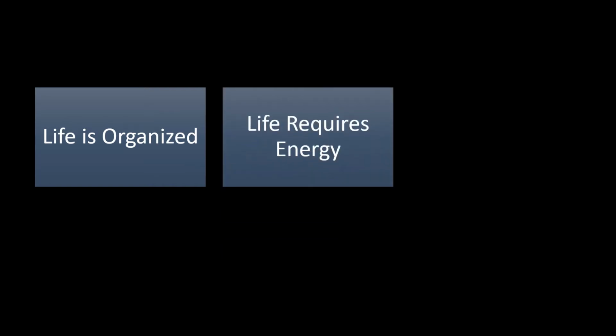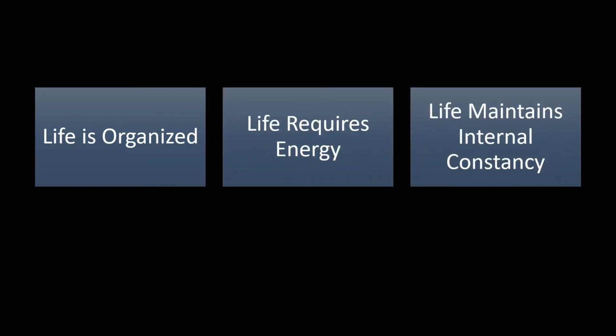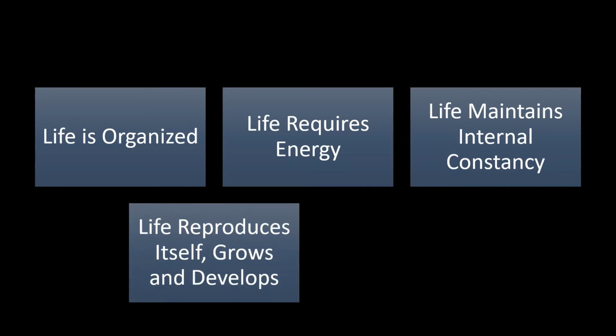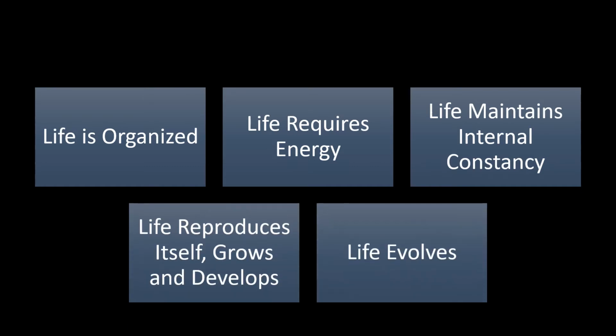So these are that life is organized, life requires energy, life maintains internal constancy, life reproduces itself, grows and develops, and finally, life evolves. Note, however, that these traits may also occur in non-living objects. A rock crystal is highly organized, but it is not alive.